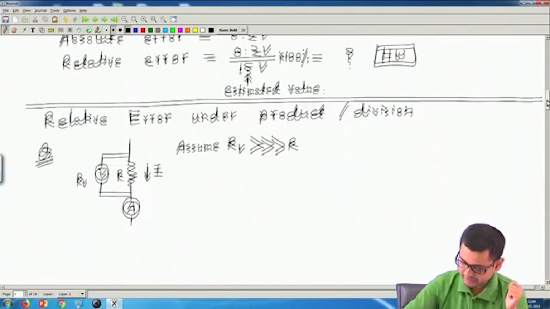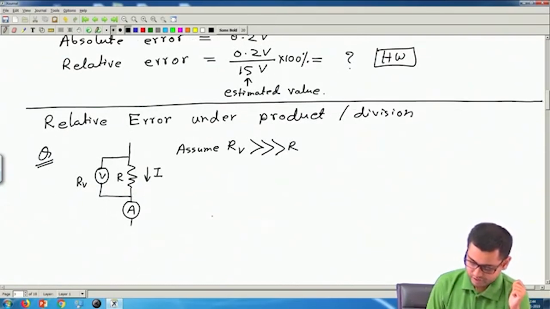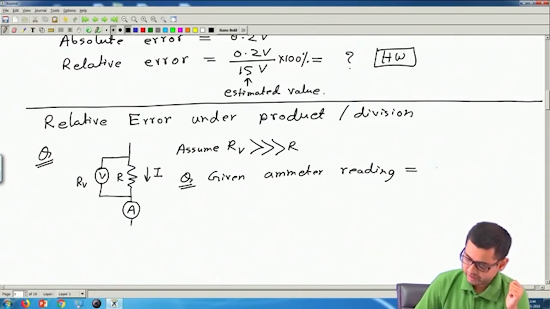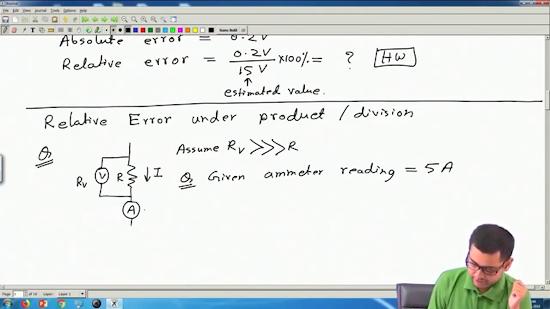Now say the question is, given ammeter reading equals say 5 ampere, and the ammeter is known to be say 1% accurate.